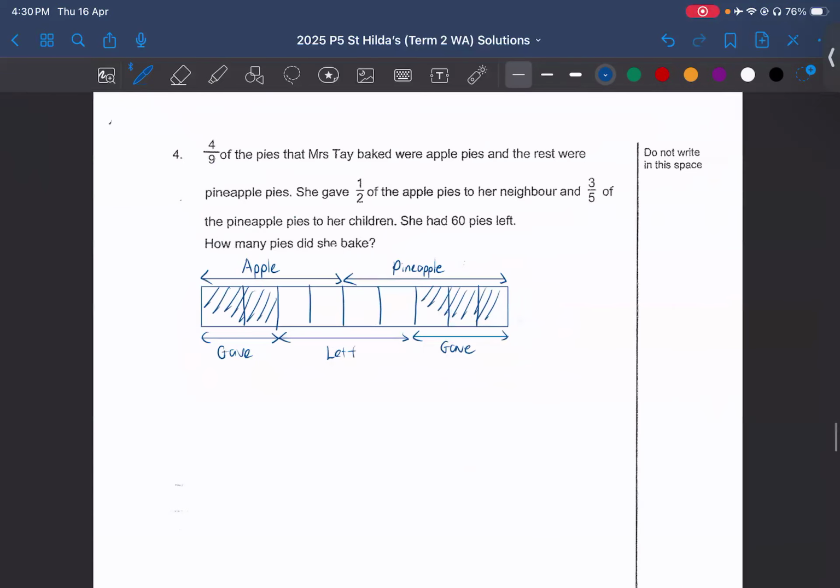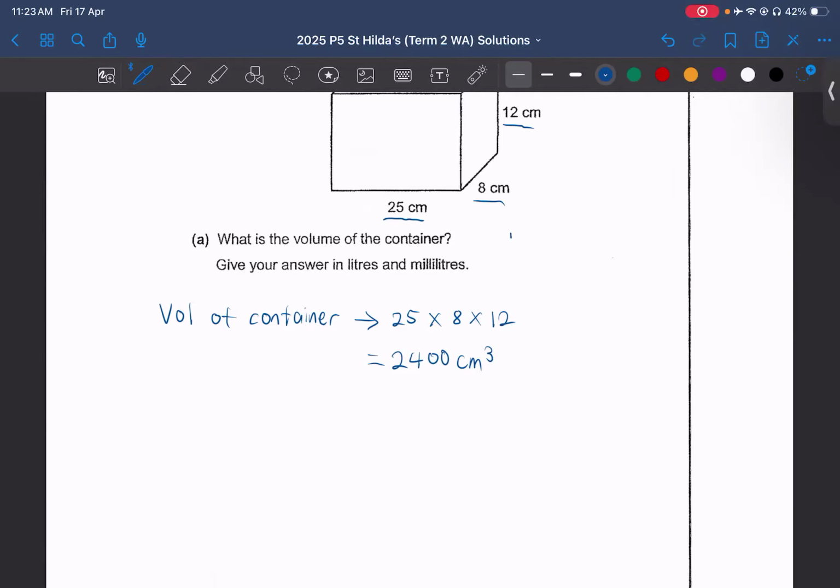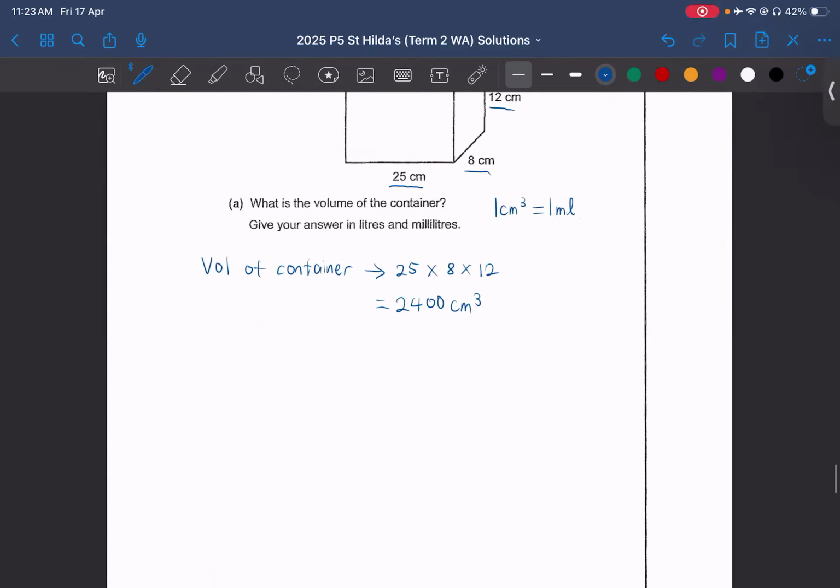Okay, the question says to give your answer in liters and milliliters. And what we have here is in terms of cm cube. So you must remember that for the conversion from cm cube to milliliter, 1 cm cube equals to 1 milliliter. So in this case, 2,400 cm cube, we can convert into milliliter.